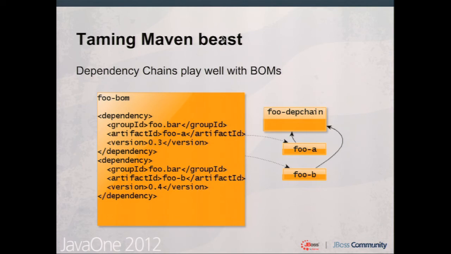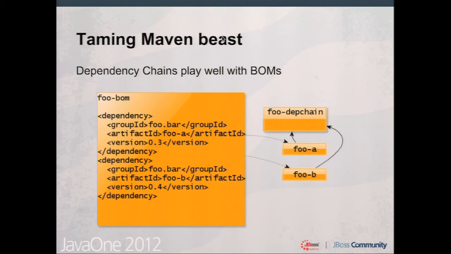That basically means that by including a dependency chain, which is in this case foo dep chain, which has a transitive dependency on two artifacts, foo A and foo B, you get this version managed from a foo BOM file included in this section. So it might seem complicated. Let's jump to the example.